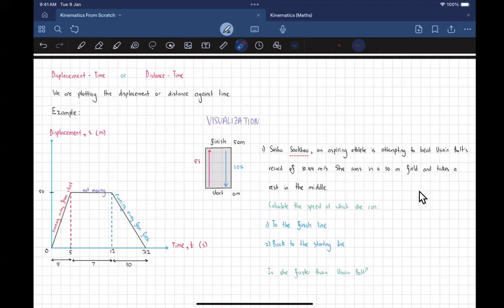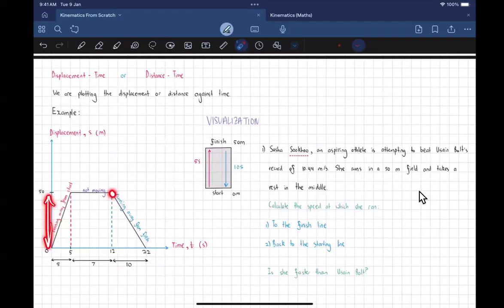That's gradient. Let's say we're trying to figure out the gradient of this line. Okay. So again, is it change in y over the change in x? So Sasha, what's the difference between 0 and 50? 50. Okay.